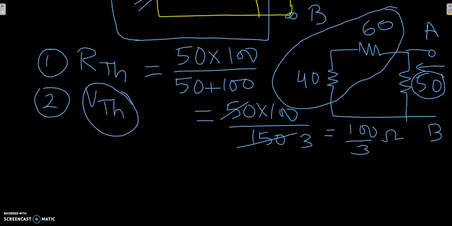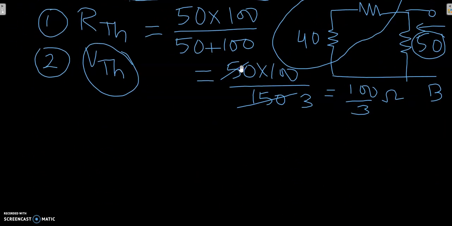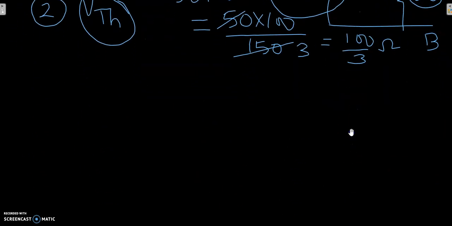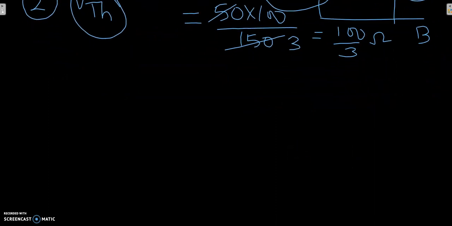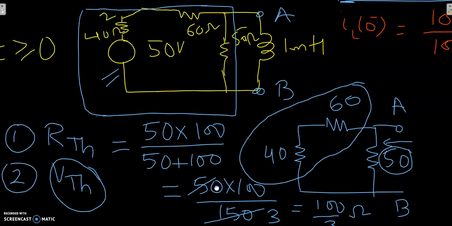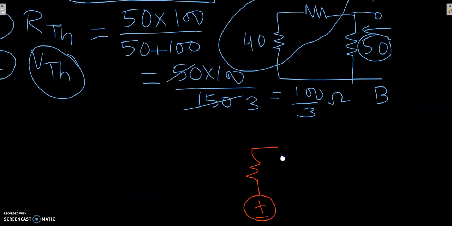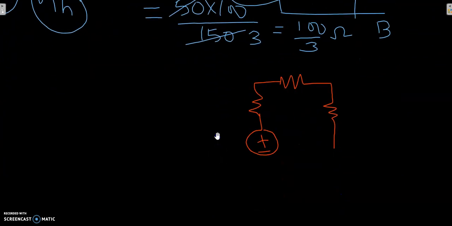To find out VTH, let me redraw the circuit here. We have got the voltage source, and there is a resistor, and then there is again a resistor here, and one more resistor here.